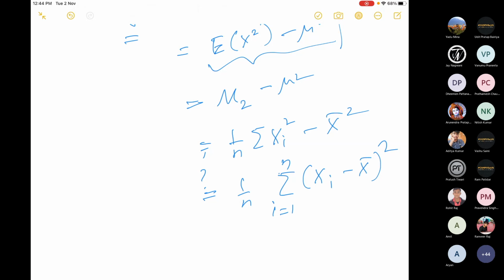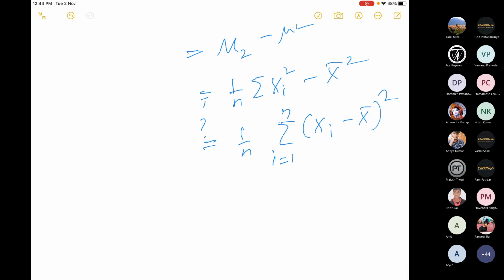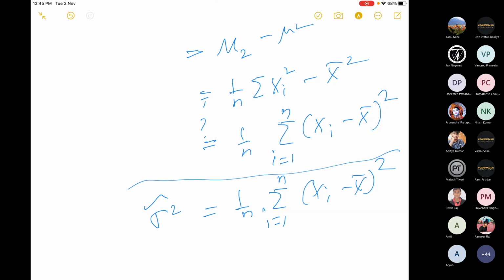So basically what is happening here is this is the sample variance, not exactly the sample variance, because for the sample, let me just write it. So sigma square hat, the estimator for this, is 1 by n sum over i equal to 1 to n of (xi minus x bar) whole square. This is the estimator for sigma square, but this is not S square, because for S square you have n minus 1.